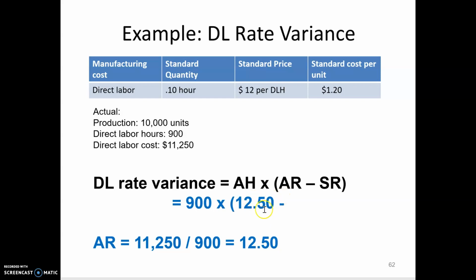So we'll take $12.50 and we'll subtract our standard rate, which was $12 an hour. So this works out to be 50 cents times 900. We get a variance of $450. And since our actual rate was higher than the standard rate, that variance is unfavorable.